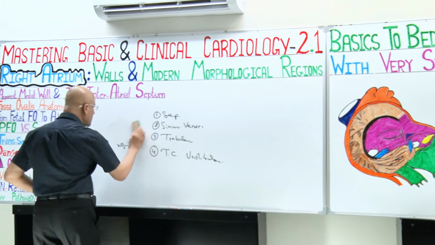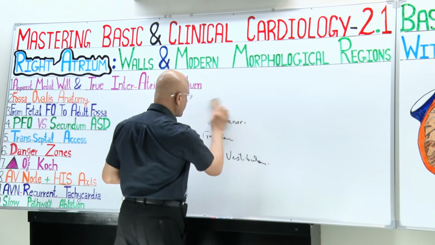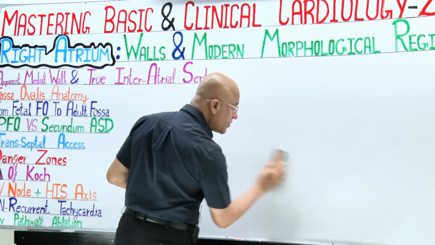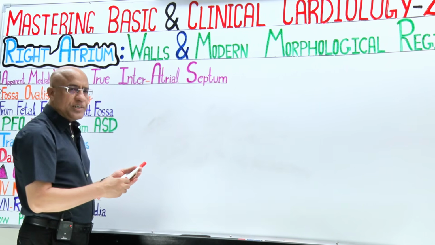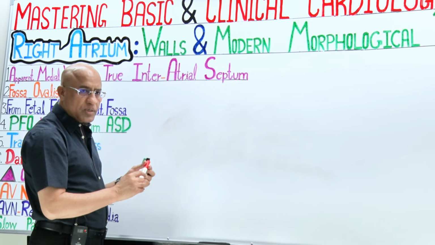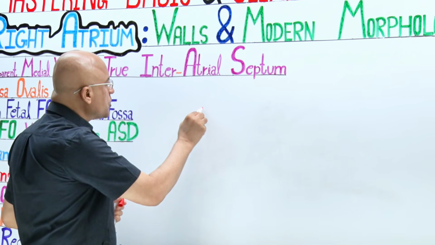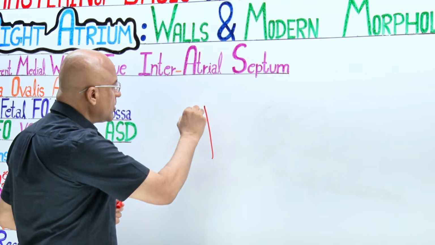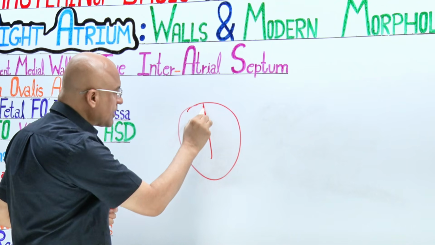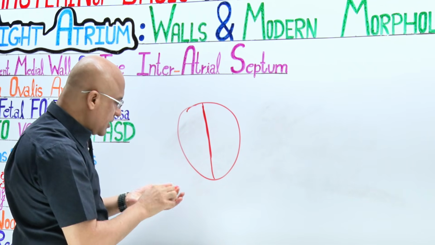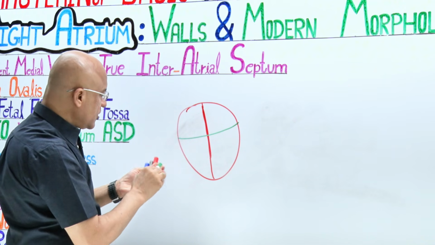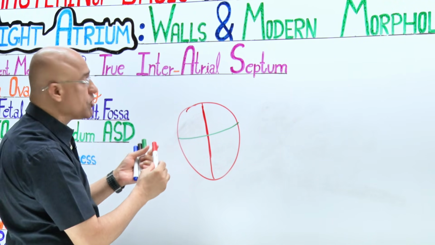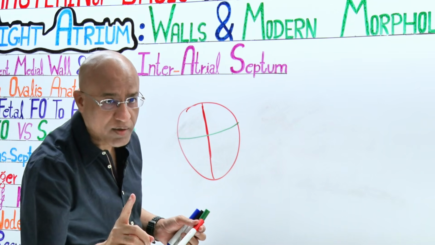Now when we talk about the medial wall, in traditional ways, we could draw a heart like this, and then here is the septal area. This was our classical way to explain, which is of course now considered wrong.